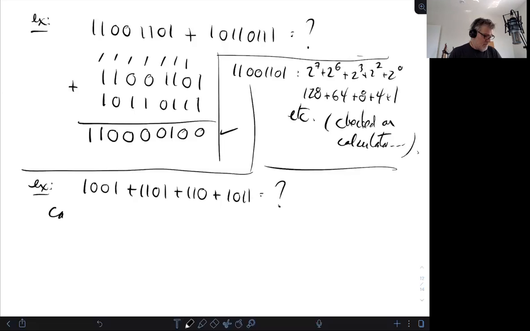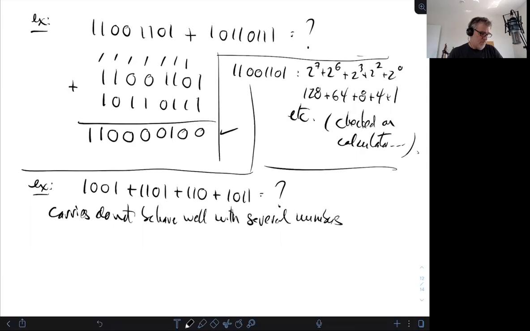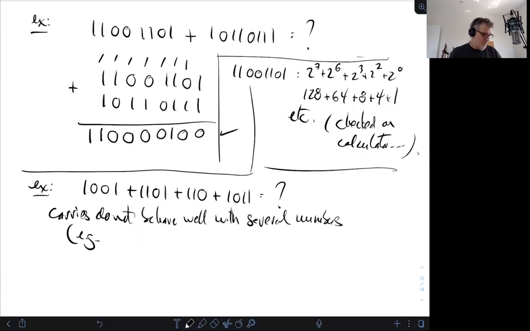So the carries do not behave well with several numbers. For example, try adding 15 numbers in decimal.